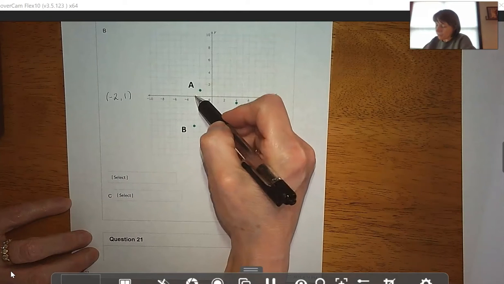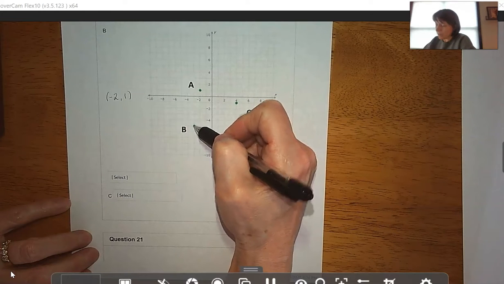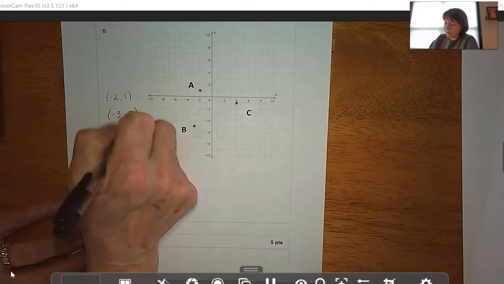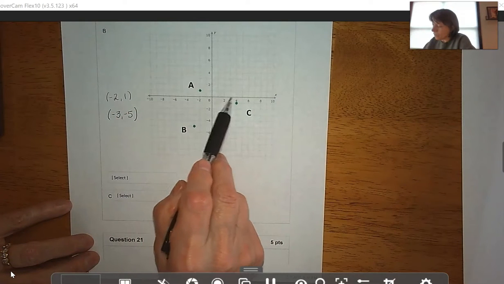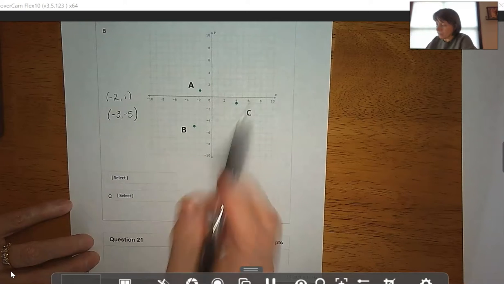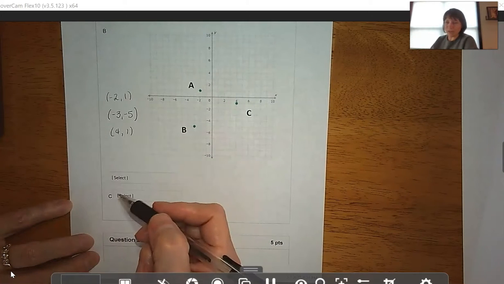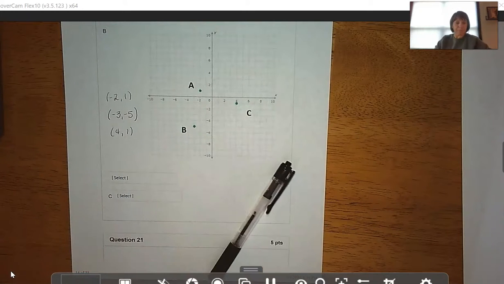No, -3. We'll go over 3, and then down 1, 2, 3, 4, 5. So those are both negative directions, -3 and then -5. And then finally for C, we go over 1, 2, 3, 4, and then down 1. So that's a +4 and a -1. Again, those were drop-down menus for you. You'd have to choose the correct one. Those are the ones that you should have done there.